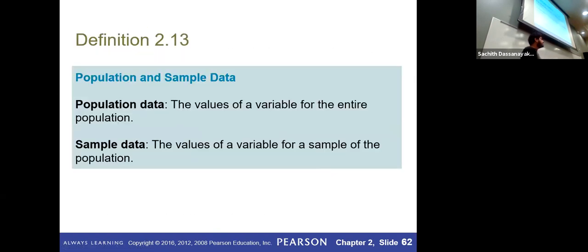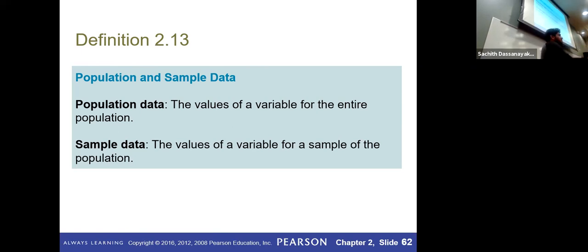Now, population and sample. The distribution stuff we have now finished. This part should not actually be included in this place, but since it is here, let's talk about population and sample data. If we have data based on the population, we call it population data. If our data is based on a sample, we call it sample data.